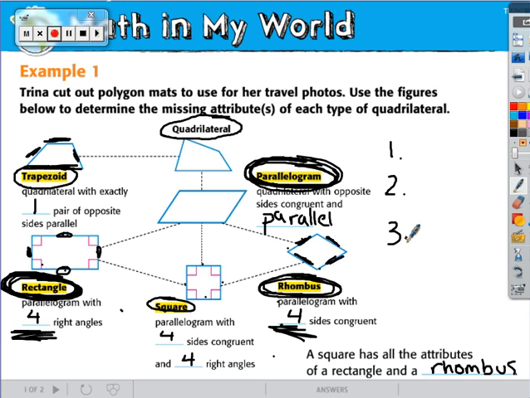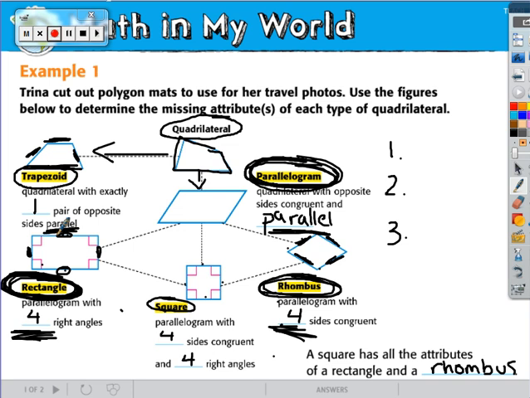If I start here, I have my quadrilateral. I'm starting from this shape here. What is going to determine if I go that way or that way? Parallel. How many sides are parallel in my trapezoid? 2.